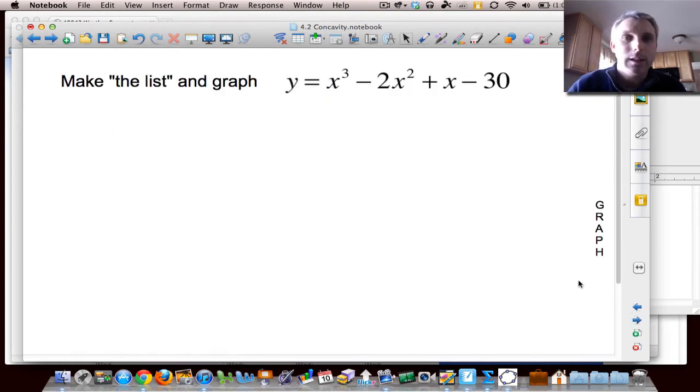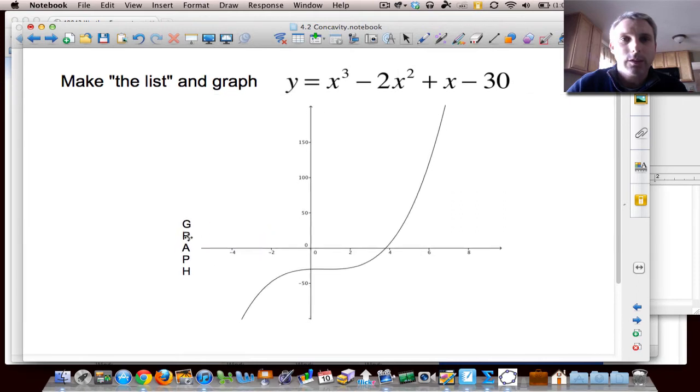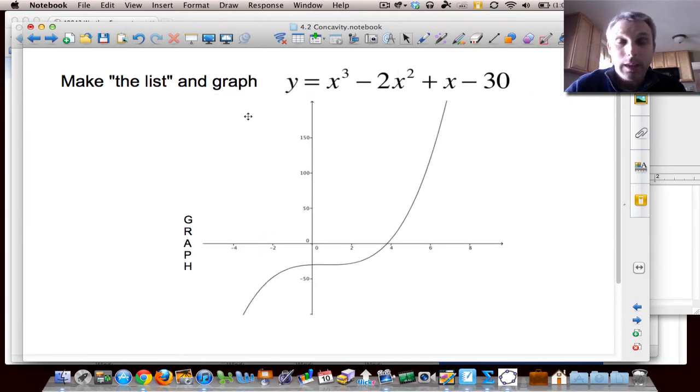But let's take a look at an example. So here we're going to put together a list, and we're going to graph this thing. I think what I want to do first is real quick just pull out the graph. So it looks something like this. So here's what I'm thinking is going to happen. It looks like my graph is increasing. It looks possibly like it might be decreasing and then increasing.